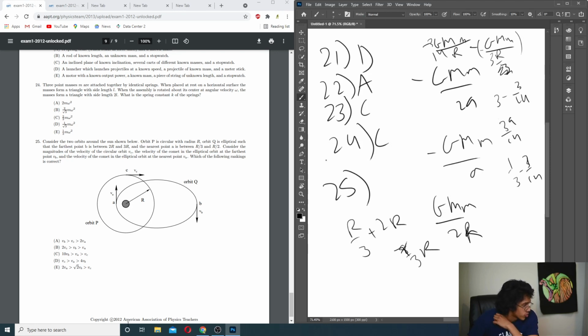So first, for sure not these two. Wait, what? Hold up. Yeah, when it's closer, it should be more. So for sure not the first two, because this is definitely bigger than 2 times that. So that is not it. VA has to be above.